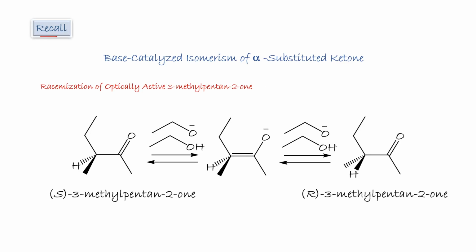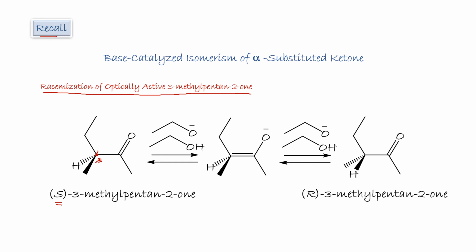Recall base catalyzed isomerization of an alpha substituted ketone, racemization of optically active 3-methylpentan-2-one. If we have a carbonyl compound with an alpha chiral center in the presence of base and an alcohol protic solvent, we lose the chirality, the optical activity of this species.